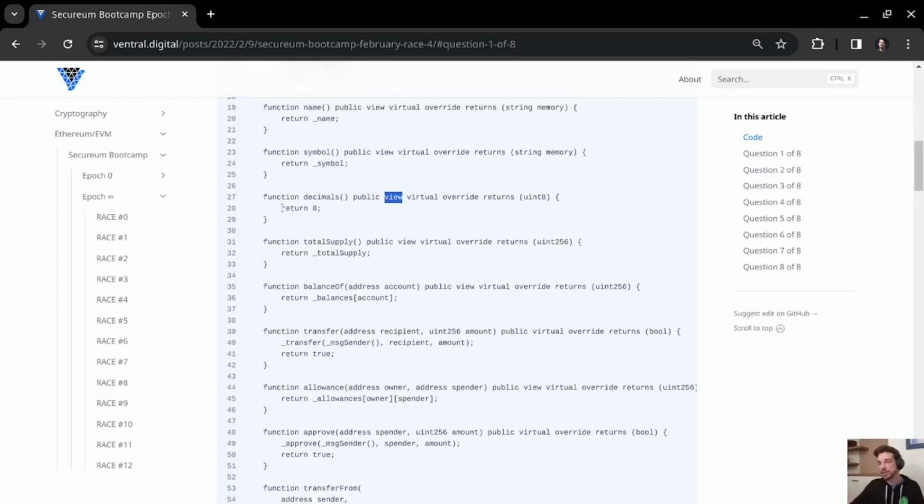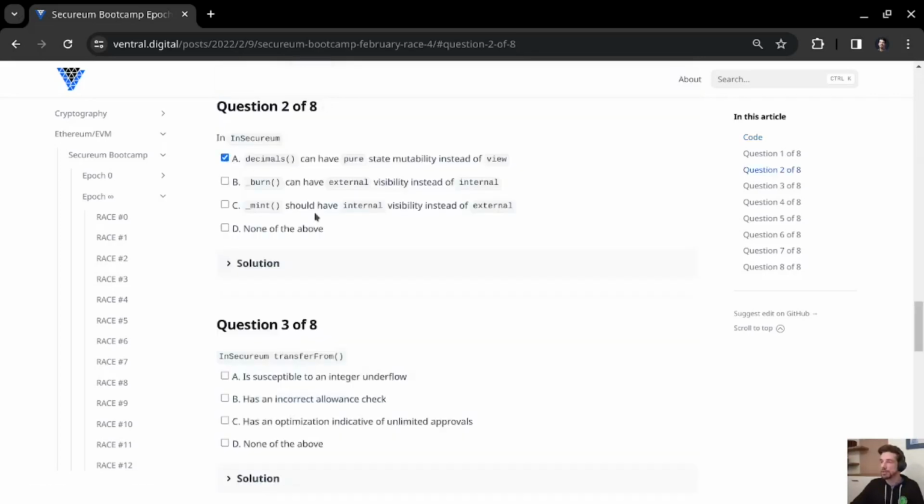So in this case, it isn't accessing anything, it is just returning a hard-coded value of 8. So it definitely doesn't need to access any chain state at all, and therefore this can indeed be made pure, and therefore option A is correct, can have pure instead of view.